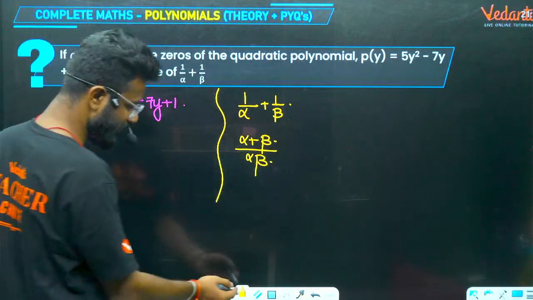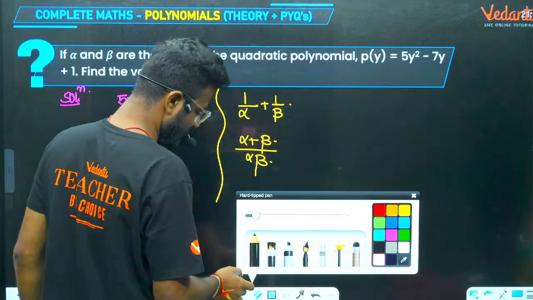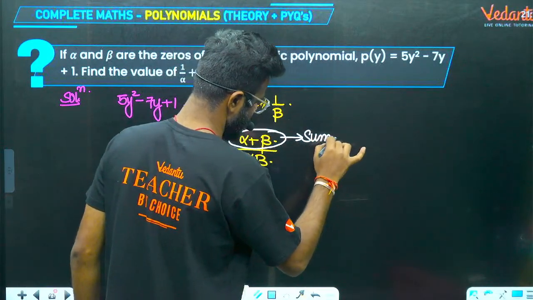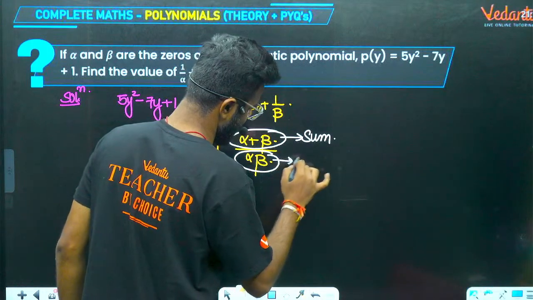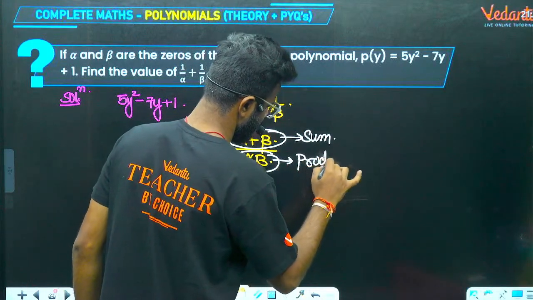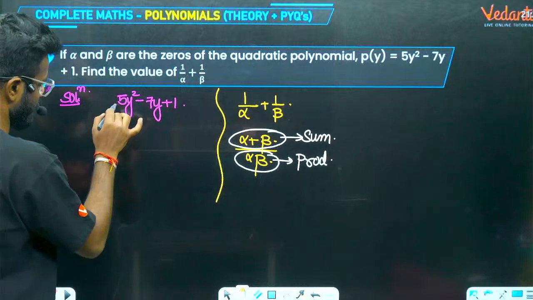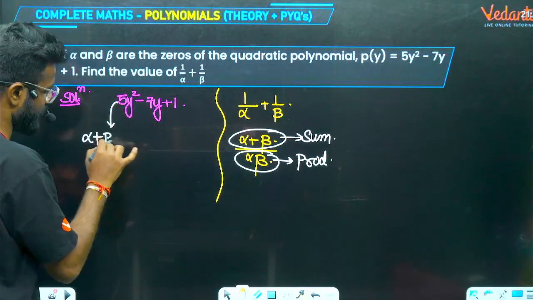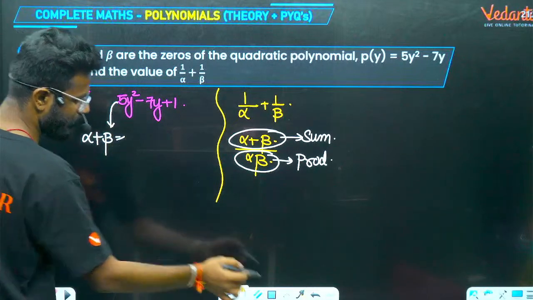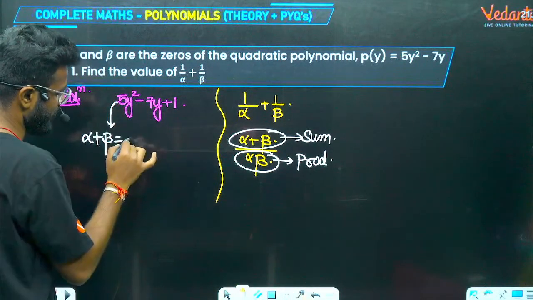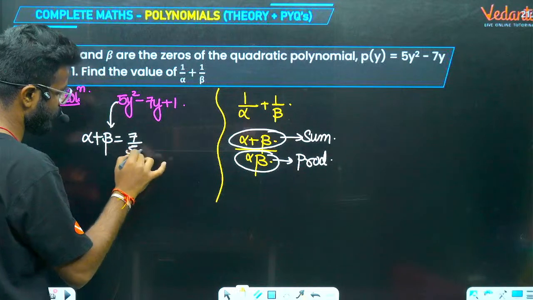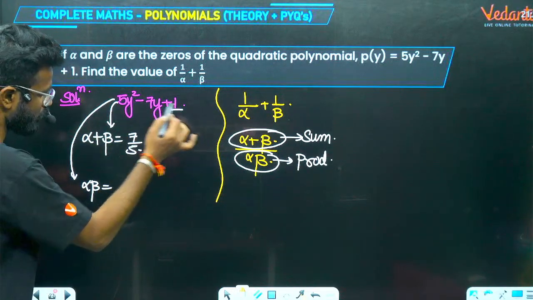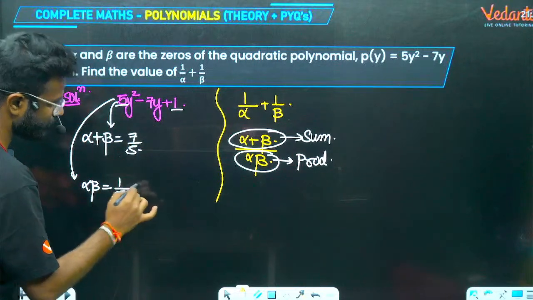Also we know that this alpha plus beta is the sum of zeros and this alpha beta is the product. So you can simply find from this polynomial that alpha plus beta is equal to minus b by a, that is 7 by 5, and alpha beta is equal to c by a, 1 by 5.